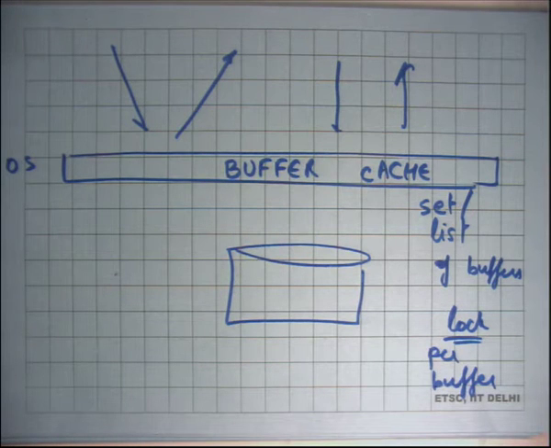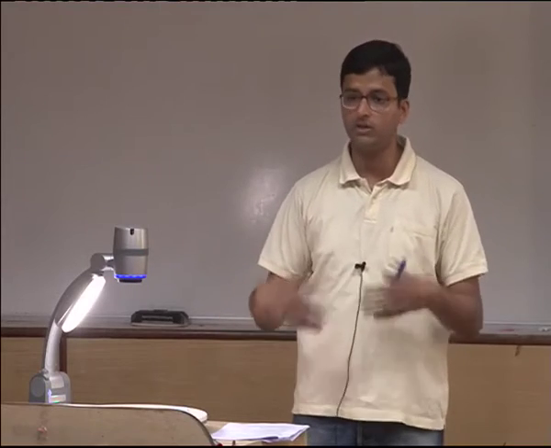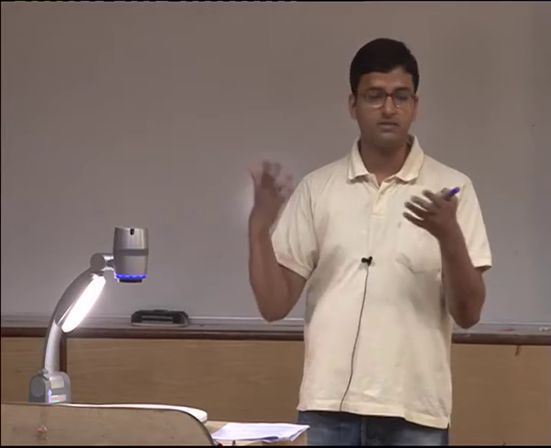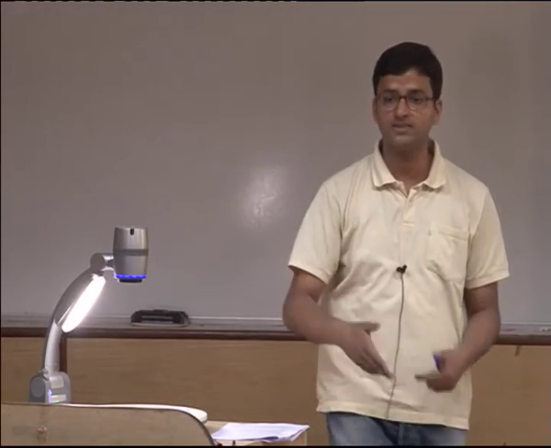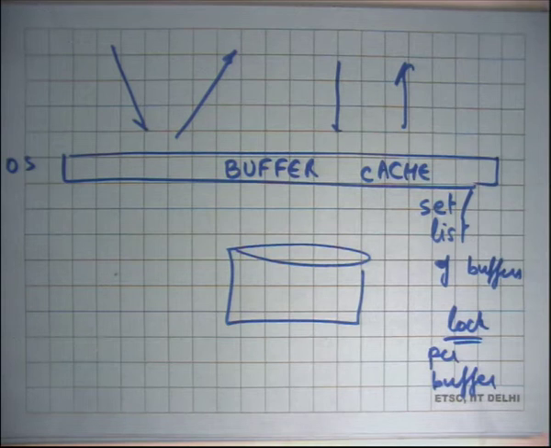Do you think it's a good idea to have them as spin locks? They should probably be blocking locks, right? If I am waiting for some buffer to get released, I want to sleep, because my critical sections are likely to be very large. They involve disk accesses, milliseconds of time, right? So you want blocking locks.